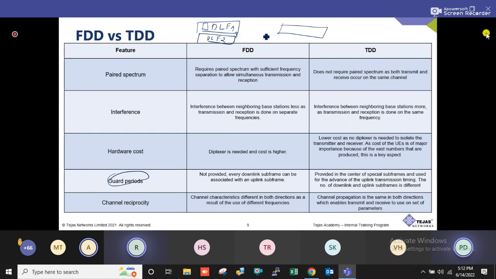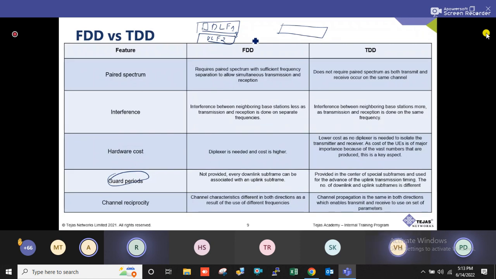Suppose there are 8 frequency channels in total. You are talking about 8 frequency channels within that particular band. I don't know how many frequency channels can be created in a single band.